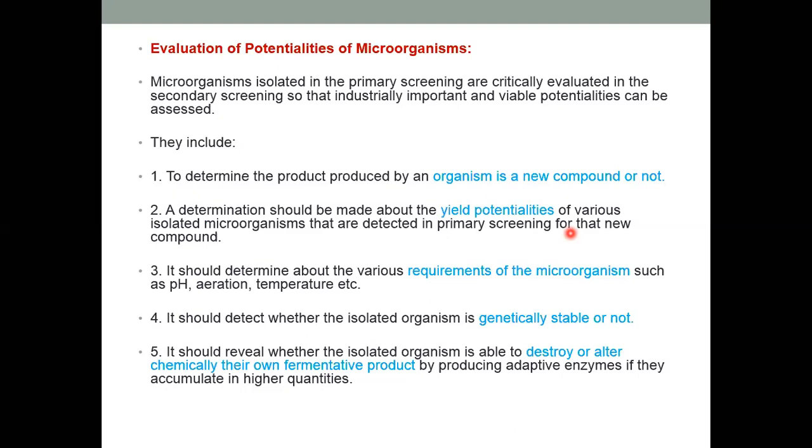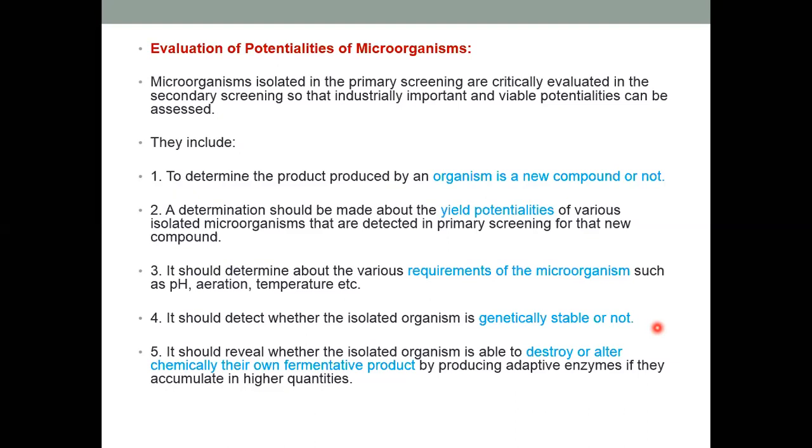Sometimes you have to examine this point, and why? Because there are microorganisms that exchange their plasmids very often, they exchange their genes, and there are microorganisms that mutate very often. So we need to know that genetically they're stable enough.